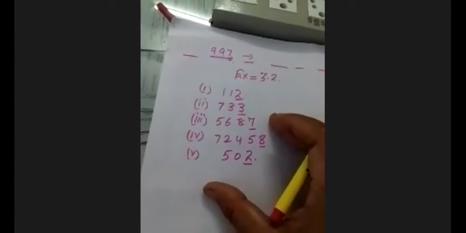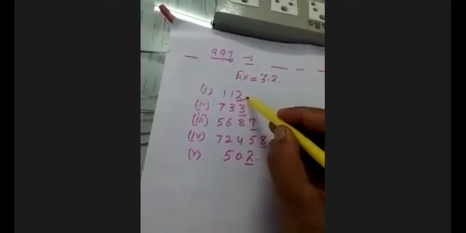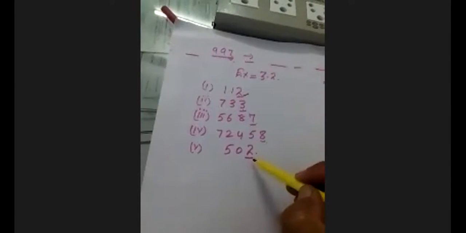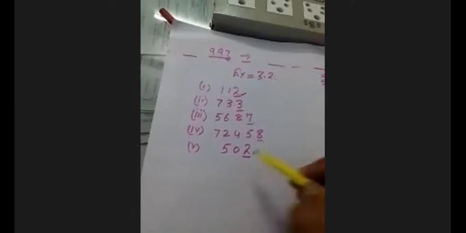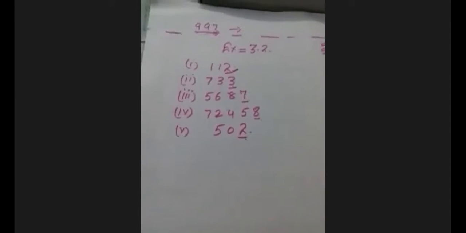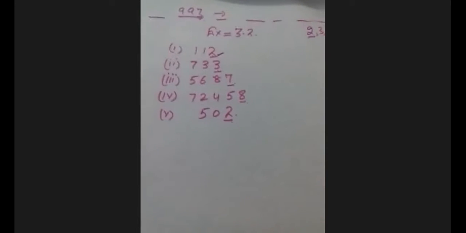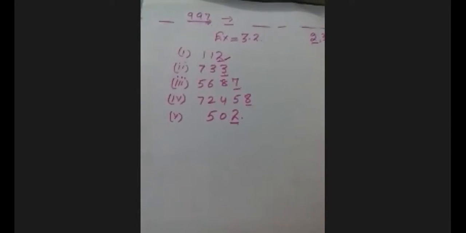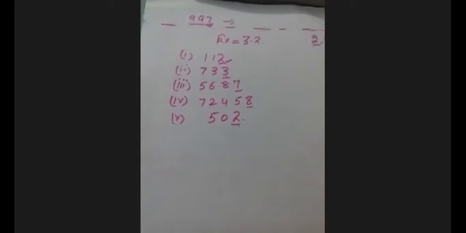We are looking just at the unit place: 2, 3, 7, 8, and 2. Yes, students, the property we use here is: if the last digit is 2, 3, 7 or 8, then these numbers are not square numbers.